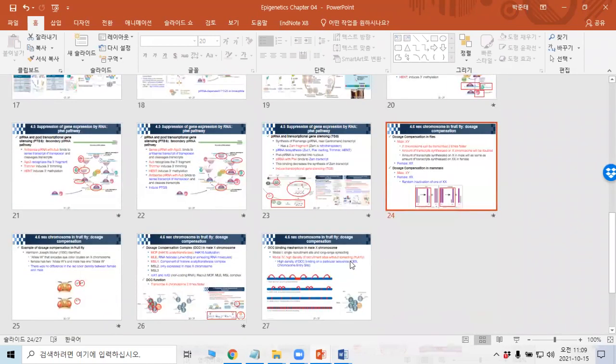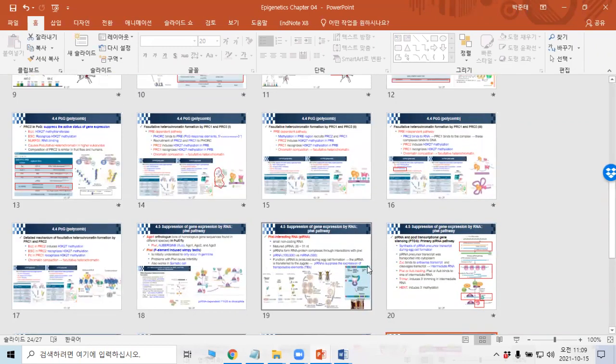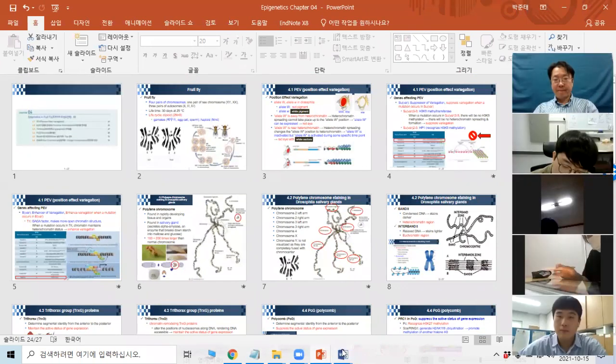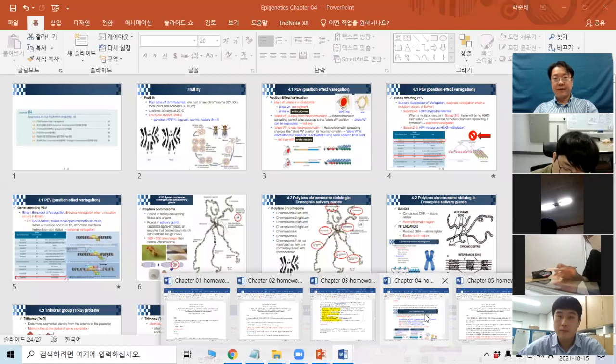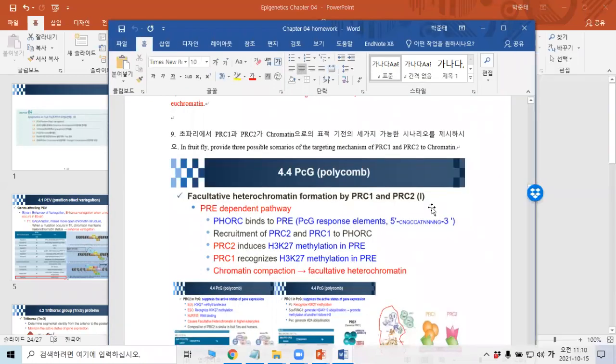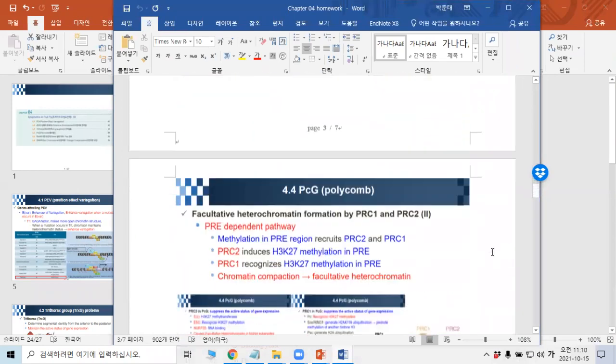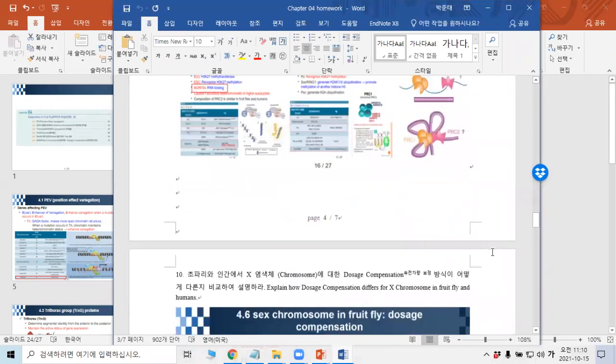We covered the important steps. We covered everything. Do you have any other question in chapter 4? Okay, chapter 4 homework, we already explained everything.